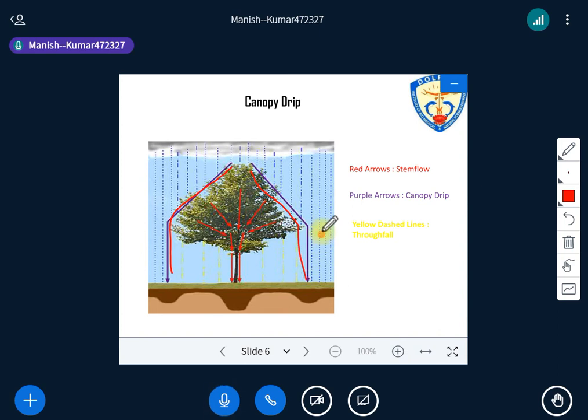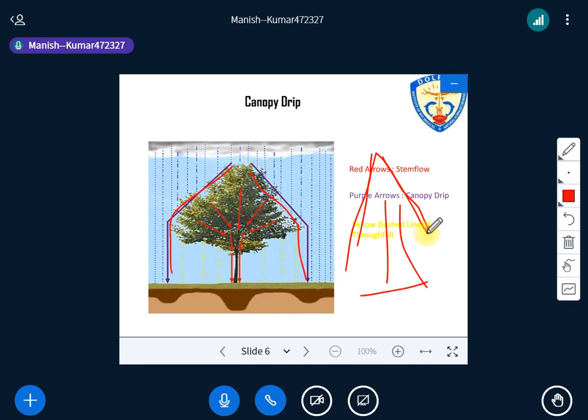That is called canopy drip, and generally you will get this kind of canopy drip activity in coniferous vegetation where there is snowfall. And in the previous class I have already explained this to you, isn't it? Because in the upper hill part we have this kind of vegetation structure, where the crown has this shape. So if there is snowfall, the snowfall has to move along the edge of the plant canopy to come to the ground itself.